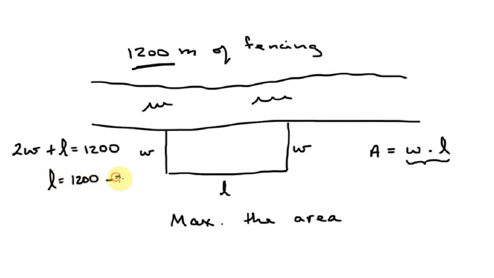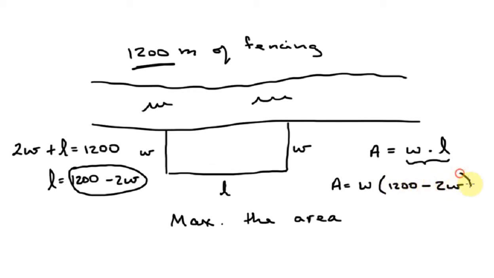So subtract 2W. And now I'm going to take this expression, which is equal to L, and put it in over here where that L is. So here's what my area function looks like. We have W times, instead of L, I'm going to swap it out and put in 1,200 minus 2W.